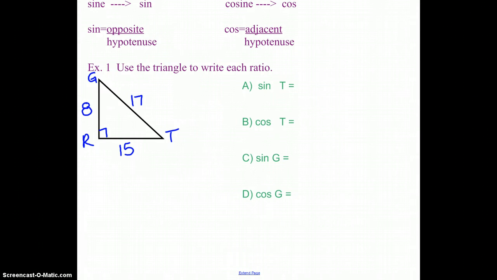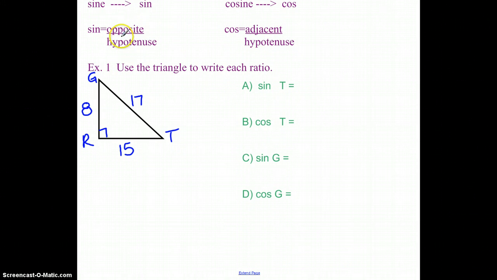Now first of all, when I deal with the ideas of sine and cosine, sine is abbreviated SIN. Cosine is abbreviated COS. Those are the abbreviations we actually see in our calculators, as well as tangent, which is TAN.